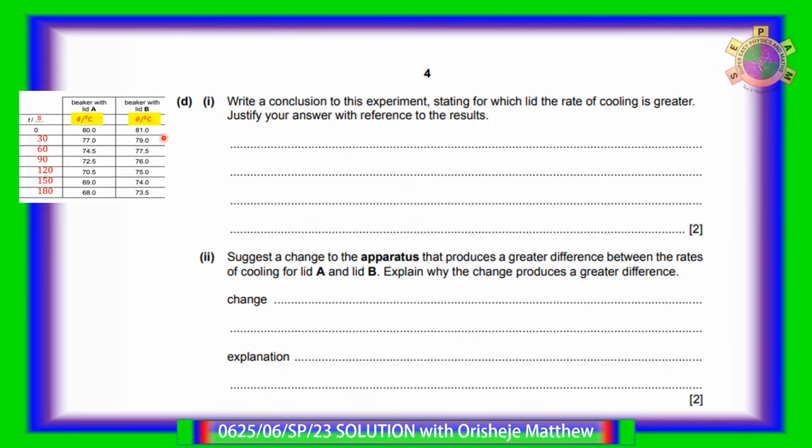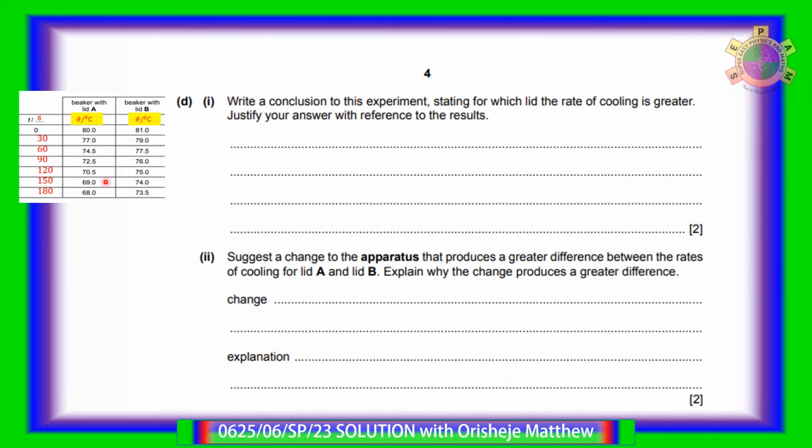While for beaker B, which has 1/4 of its mouth open, the initial temperature was 81 degrees, and the final temperature after 180 seconds is 73.5. That is about a 7.5 degree temperature drop.